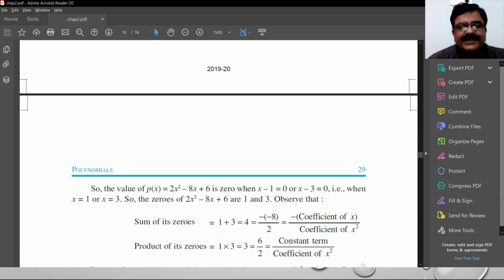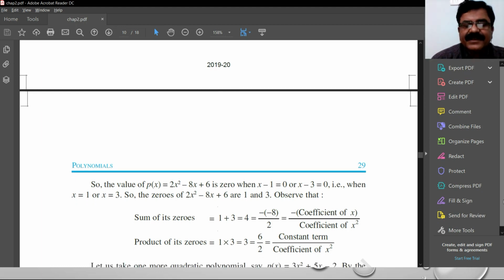The sum of its zeros is 1 plus 3 equals 4, which can be obtained as minus of minus 8 divided by 2, that is, minus coefficient of x divided by coefficient of x square. The product of its zeros, 1 into 3, equals 3, which can be written as 6 by 2, that is, constant term divided by coefficient of x square.